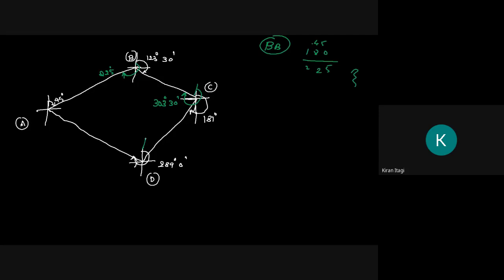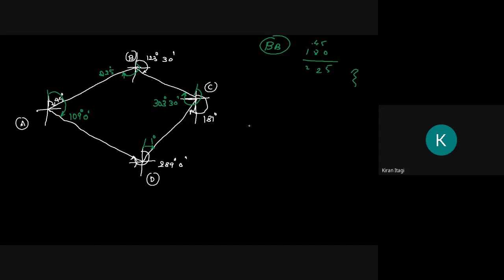Similarly, you want the back bearing for this line, and for this line it is 109 degrees 0 minutes. So we have got all the angles, fore bearing and back bearing.